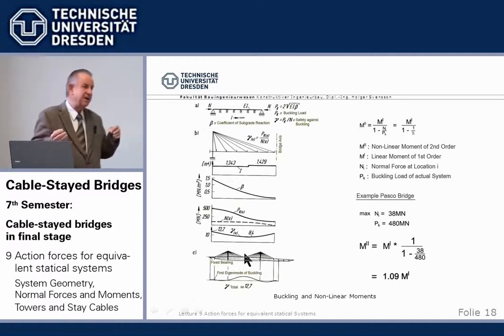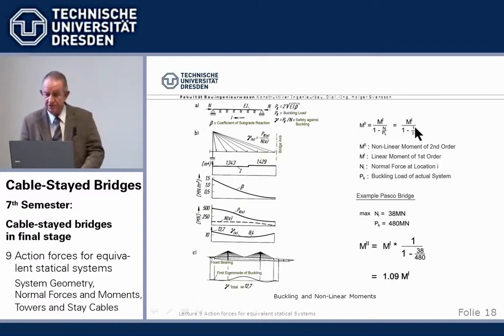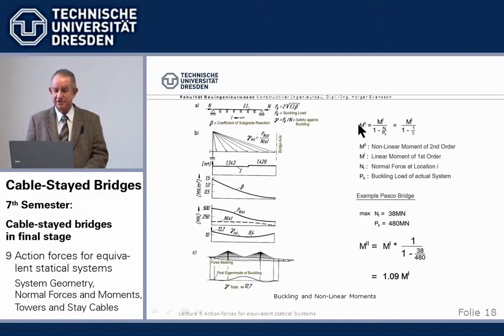What we are really interested in is the increase in stresses due to nonlinear theory. And for this we can use another approximation: the moment due to second order theory is the first order theory moment divided by 1 minus actual normal force divided by the buckling force.